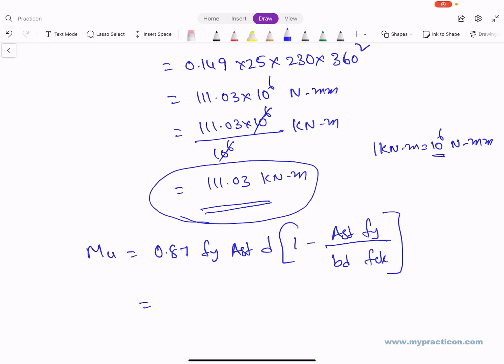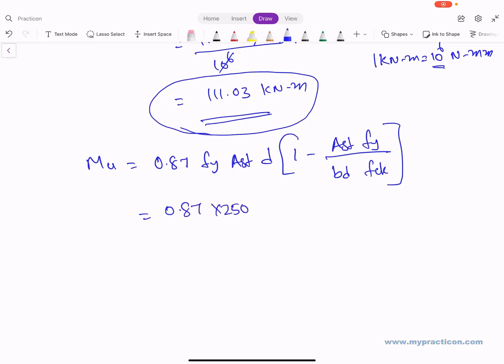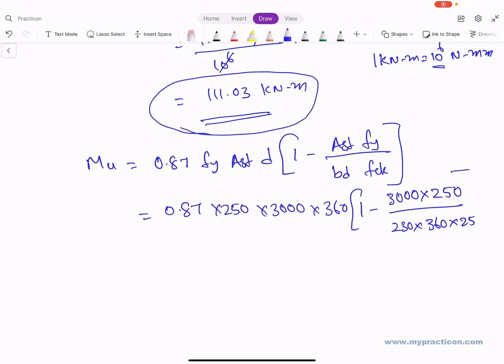Substitute all the values: 0.87 into 250 into 3000 into 360, the depth of the section, times 1 minus AST is 3000 into Fy is 250 by B equal to 230 and D equal to 360, FCK is 25.